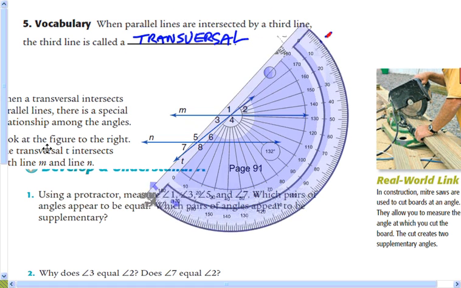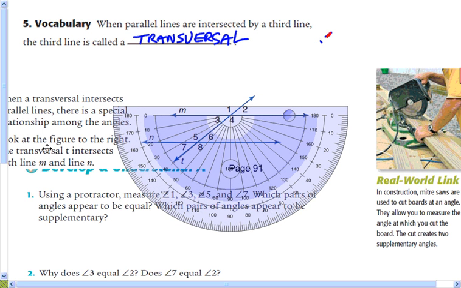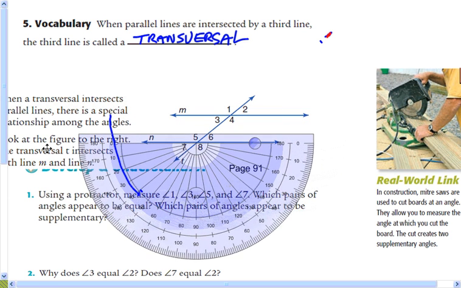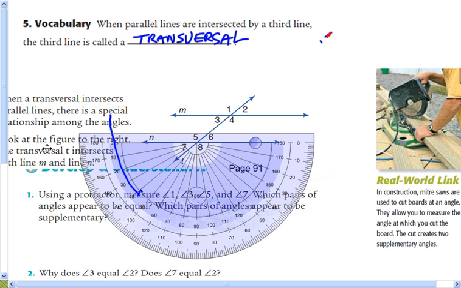I'm going to change the protractor so I can measure angle 3. So I'm going to turn it upside down. And you should notice that angle 3 is right there. Actually, this one goes from here to here, which is 40 degrees. And I have one more to measure. That would be angle 7. And angle 7 is also, you'll notice it goes from there to there, which is 40 degrees.